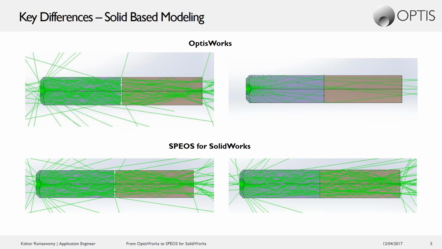So just to provide a quick example of what previously occurred and what happens now. Looking at the top image, this was taken from OPTISWORKS. When there's a small air gap between the two bodies, you can see the rays are transmitting through the light guide all the way to the end without any issues.